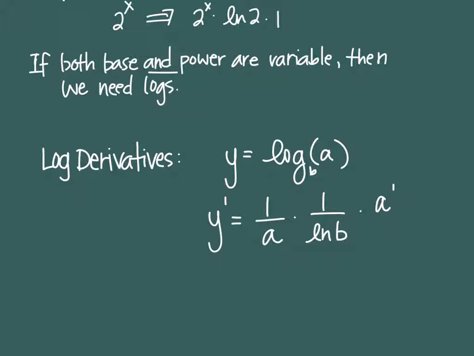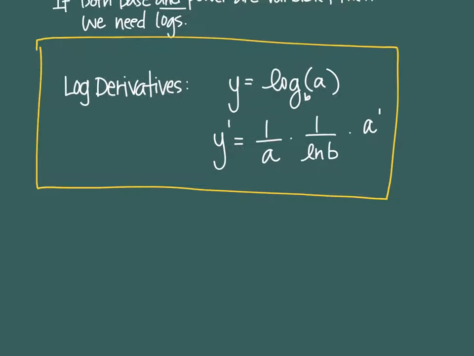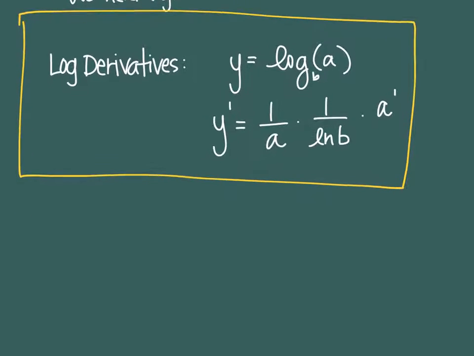So it's similar to exponentials, where exponentials started with the thing that was itself times the natural log of the base times the chain rule. This is logarithms, and so they're fractions. So it's 1 over that quantity times 1 over the natural log of the base times a prime. So let's just practice how that goes. It's a lot of plug and chug again.